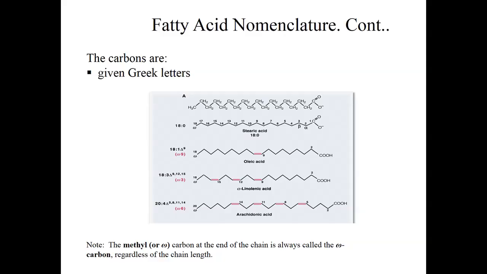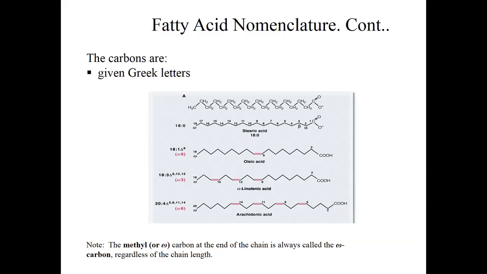Okay? So that is omega 9. Should I back up on this one? So instead of starting from here, 1, 2, 3, all the way to 9, like in this case, and same when you start on the methyl end, you also end up with a 9 here. So not only is it a delta 9, but it's also omega 9. Is that clear? Omega 9.